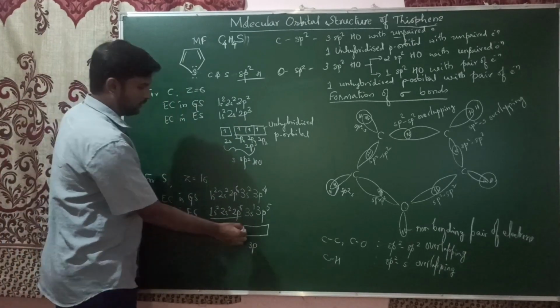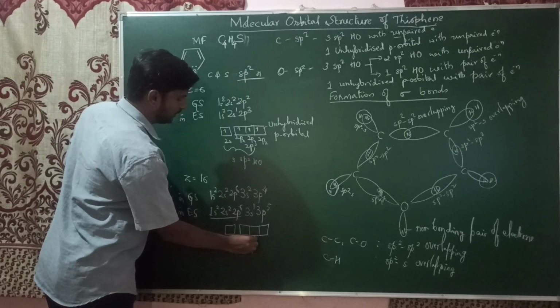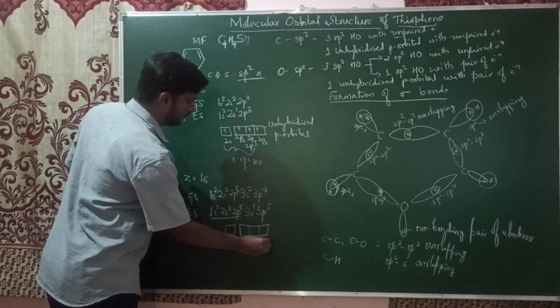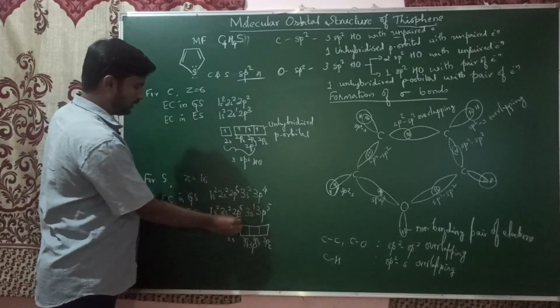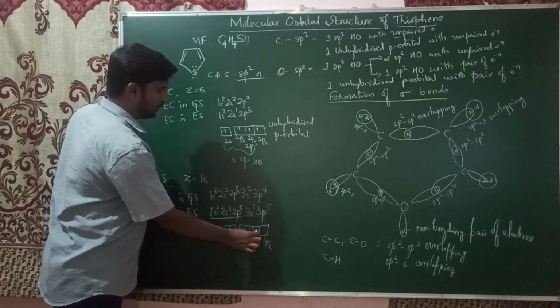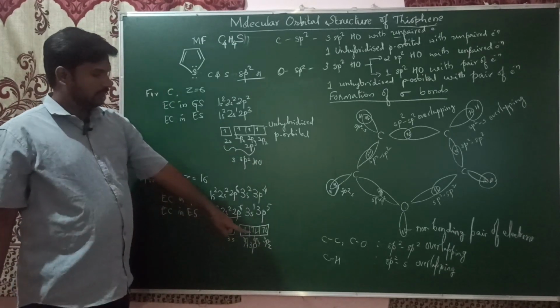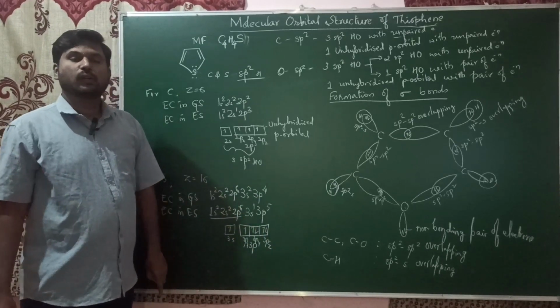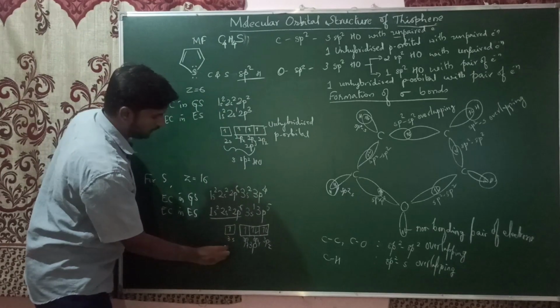There are 3 p orbitals, that is 3px, 3py, 3pz. In 3s there is 1 electron, and in 3p there are 5 electrons. They do not obey Hund's rule, so the pairing is not according to Hund's rule. Here it also undergoes sp2 hybridization.